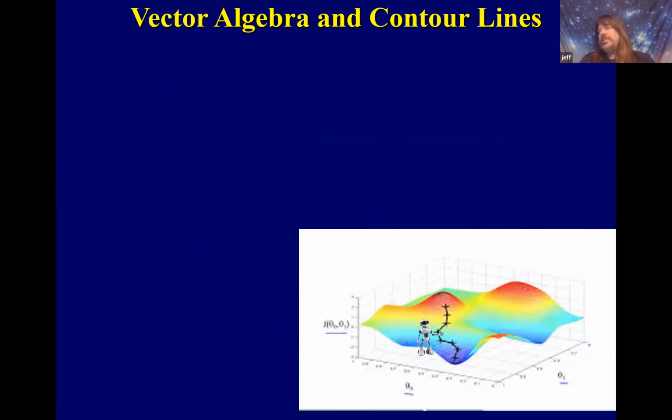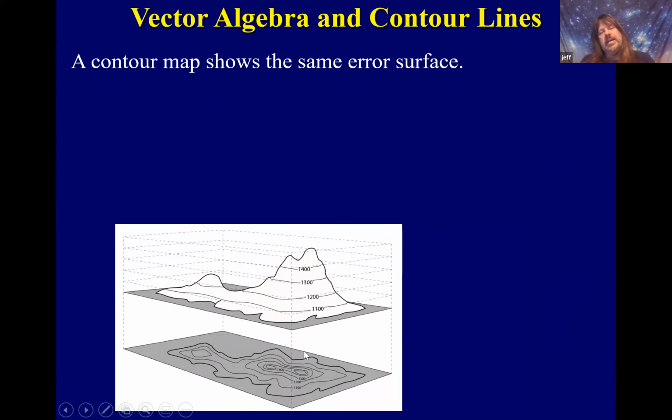All right, so let's try to visualize that a little bit more with vector algebra, because I know you all want to learn a little vector algebra. So here is our surface. And another way of representing a surface is by contour lines. You've probably all seen this on a map. So here's our 3-dimensional hill, and you draw a line at every height, and you project that down onto your map.